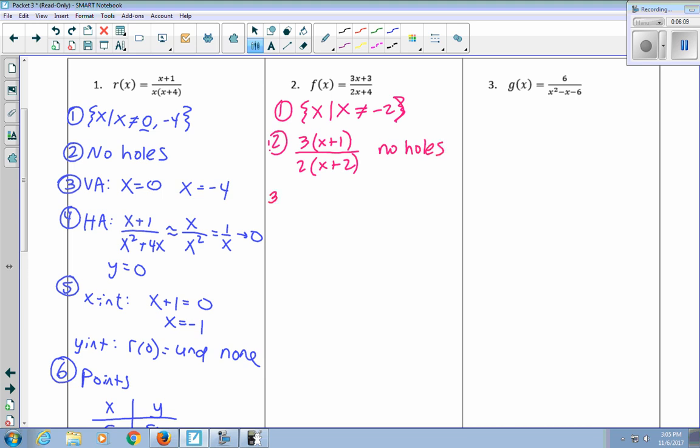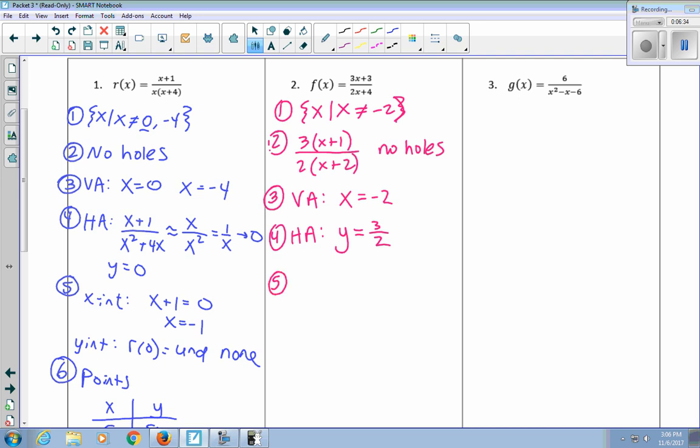Step 3, vertical asymptotes. Those happen when the denominator equals 0, so that would be when x is -2. 4, horizontal asymptote. The degree of the numerator and the degree of the denominator are the same, which means my horizontal asymptote is at the ratio of the leading coefficients, 3 over 2. X-intercepts and y-intercepts.